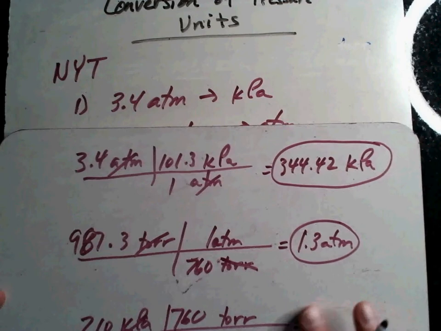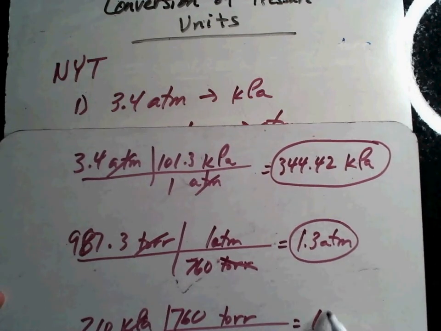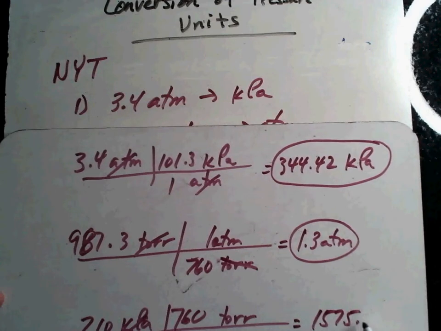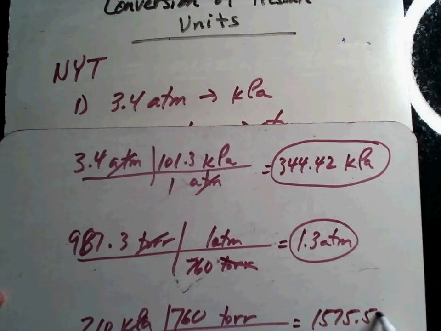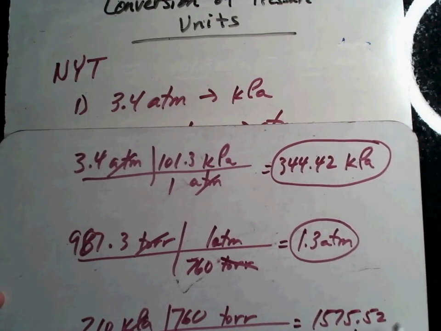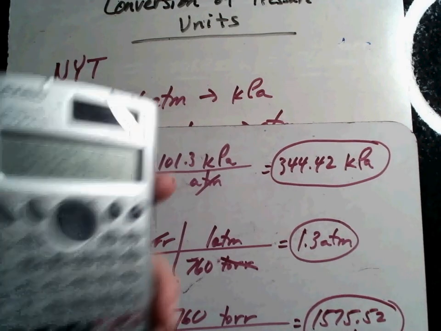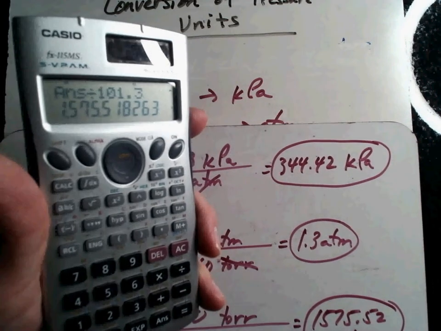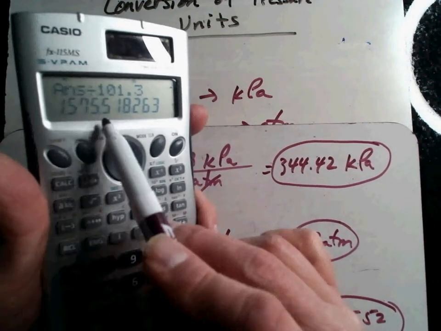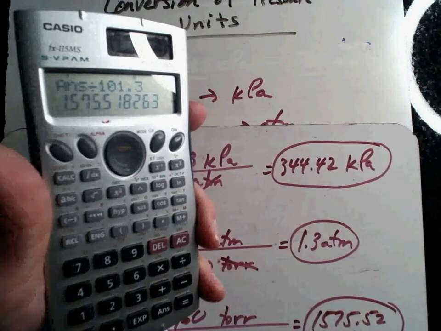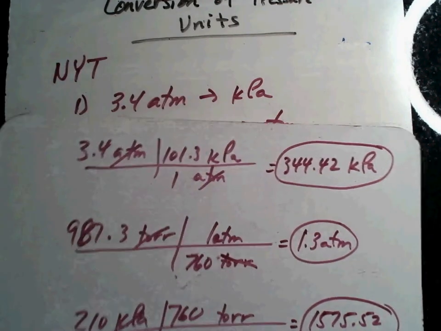Now, I'm sorry, that's a comma on my screen. Ooh, my bad, it's a different calculator than I normally use. It's 1,575.52 torr. I had to look at that again. I'll show it to you on the screen again. You can see the decimals out here. I just looked at it wrong.